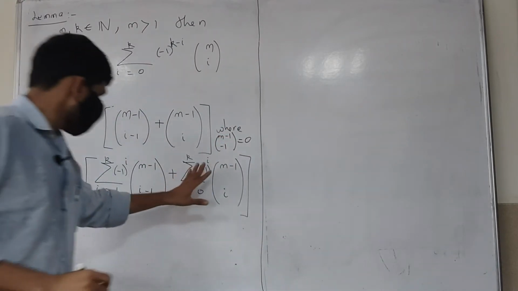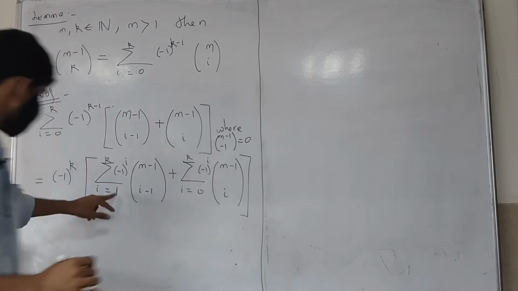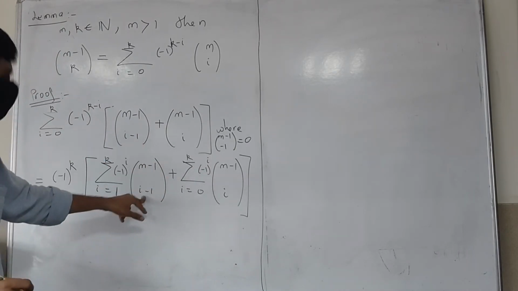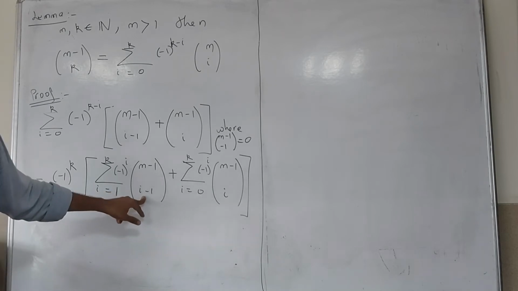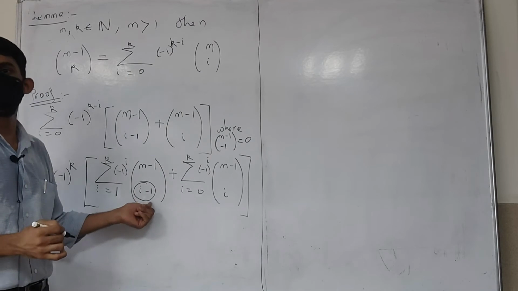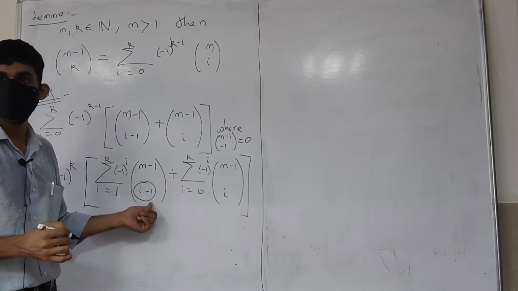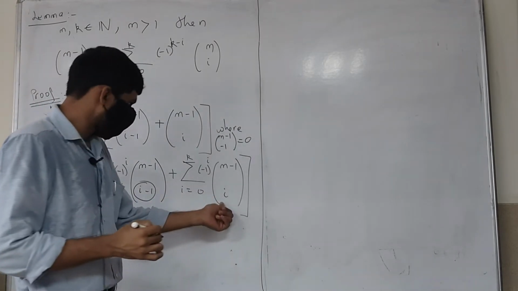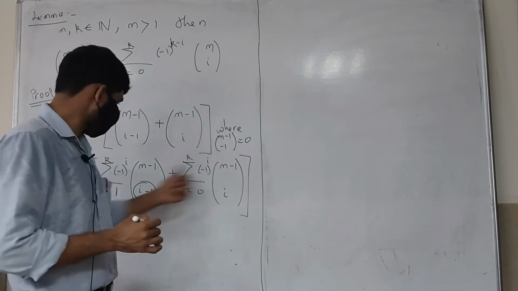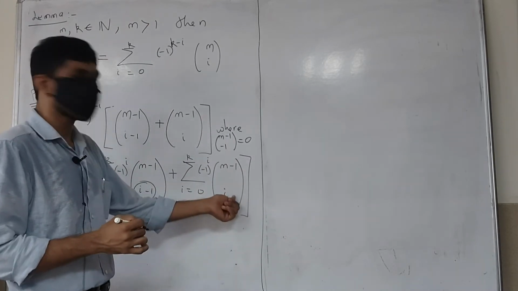So this first sum goes from 1 to k, which means i is going from 0 to k minus 1 here, and the other goes from 0 to k.